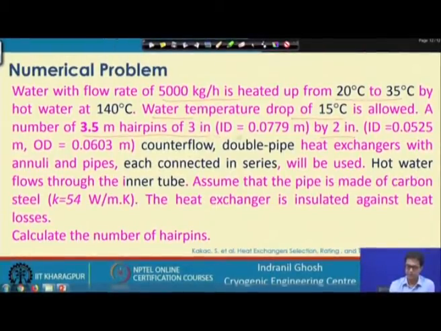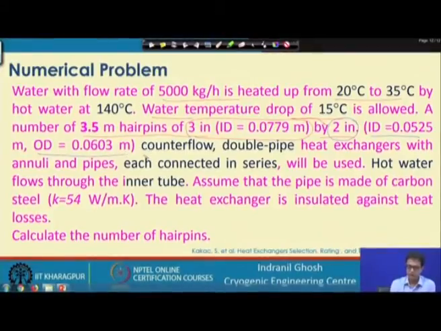So, by saying this, we have specified the outer diameter, and also the inner diameter. We have been given the OD and ID both.